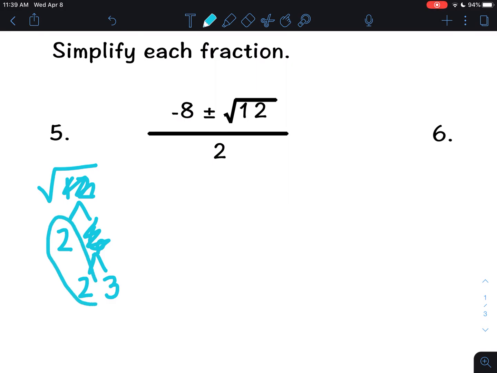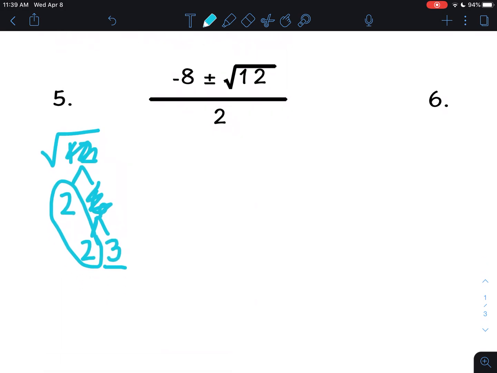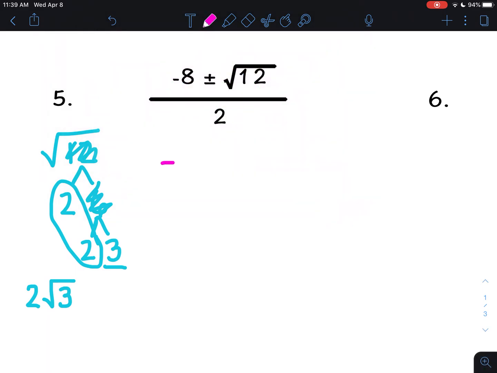There are 2 2's, so I circle them. 1 3, so I underline, which means the square root of 12 in simplified form is 2 radical 3. Whatever's circled, one of them goes out in front. Whatever's underlined goes under the bar. So I can rewrite this now as -8 plus or minus 2 radical 3 all over 2, instead of square root of 12.